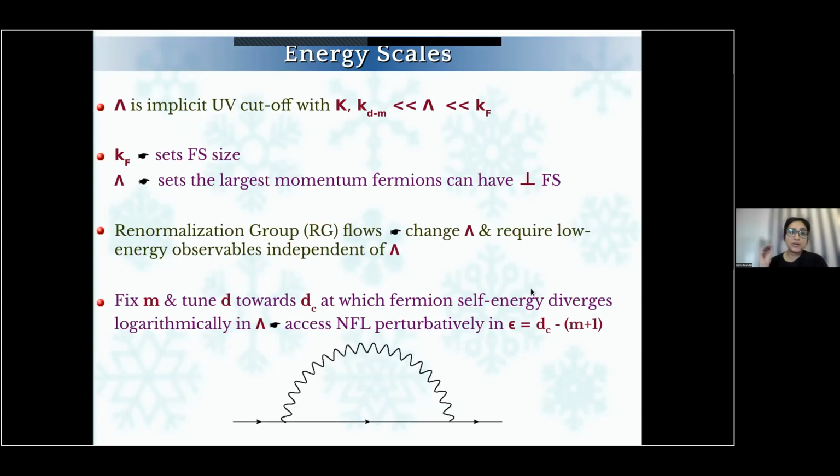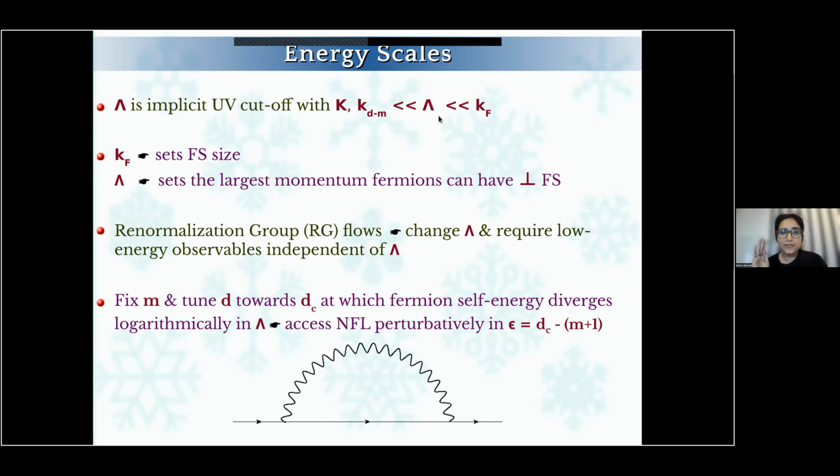Now, let me also remind you about the energy scales in our theory. I have talked a lot about ultraviolet-infrared mixing, and so on. So let us try to identify these scales. We have a Wilsonian cutoff lambda, the implicit Wilsonian UV cutoff, such that all the perpendicular momenta in the theory, which are this capital K and K_{D-M}, must be much less than the Wilsonian cutoff lambda.